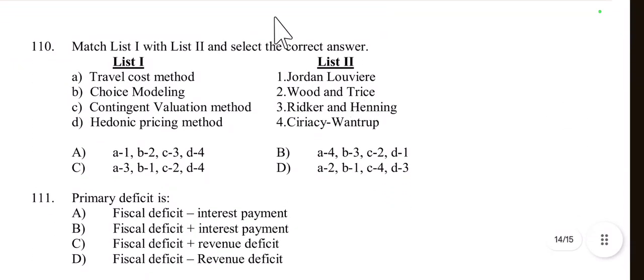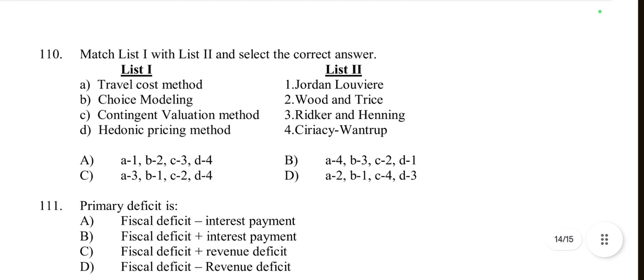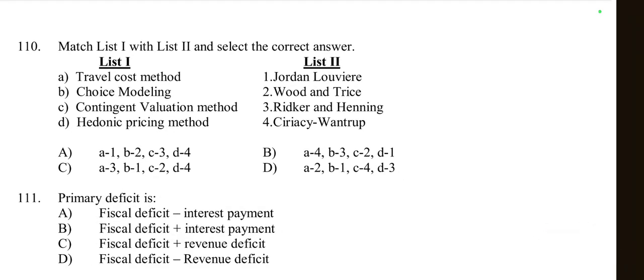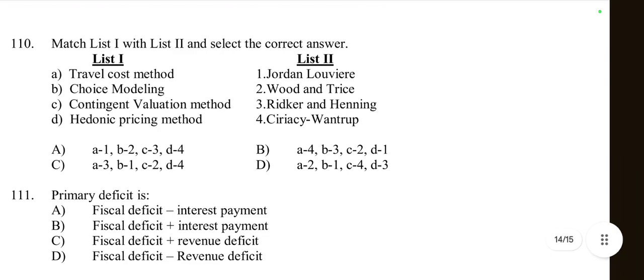Then 110, list 1 and list 2: travel cost method, choice modeling, contingent valuation method, hedonic price method. Given by whom? The travel cost method is given by Wood and Trice.